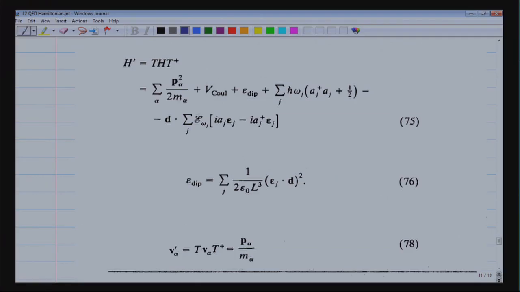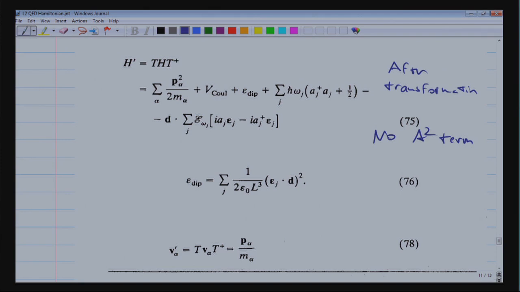So after the transformation, we have no quadratic term, and all we are left is nothing else than D dot E, the dipole interaction.